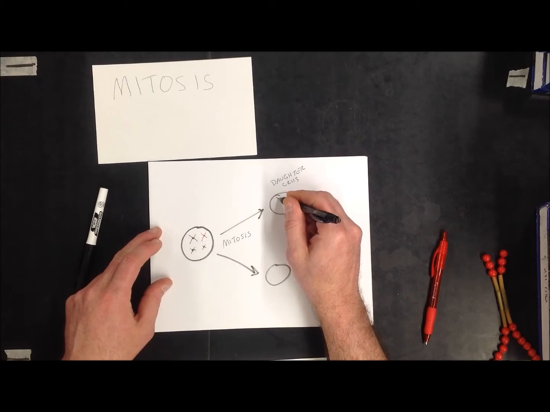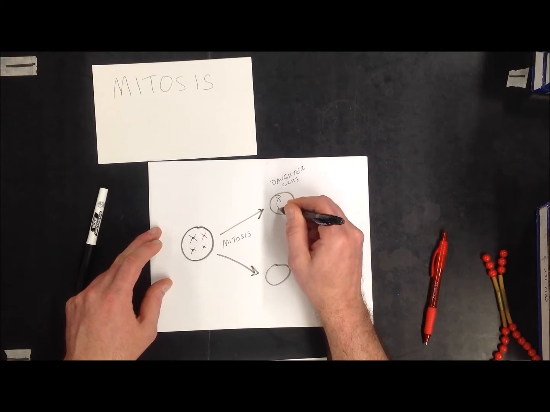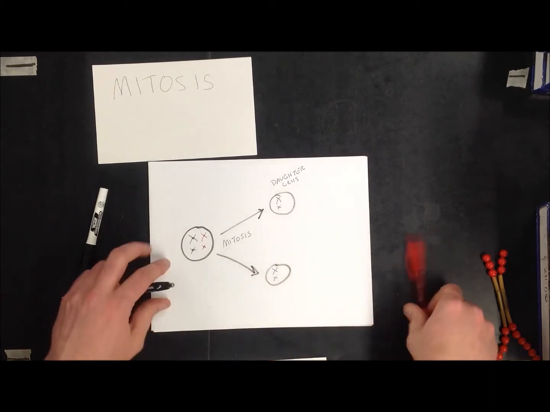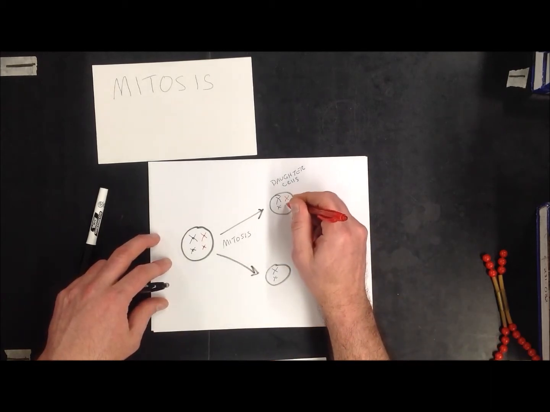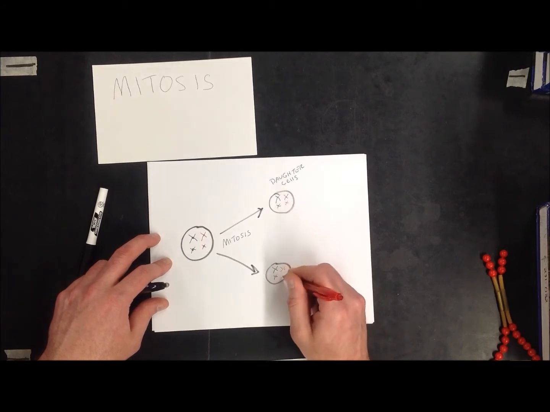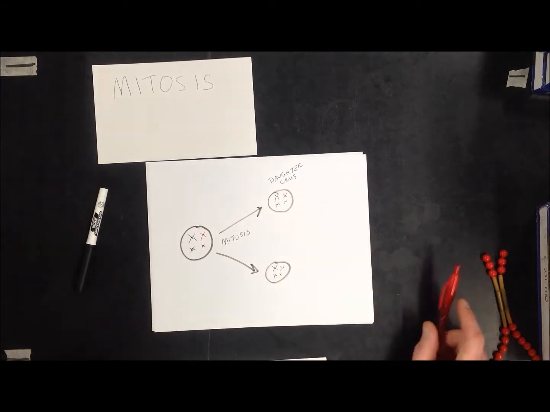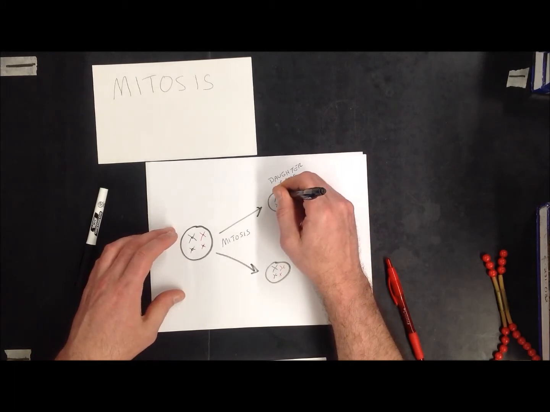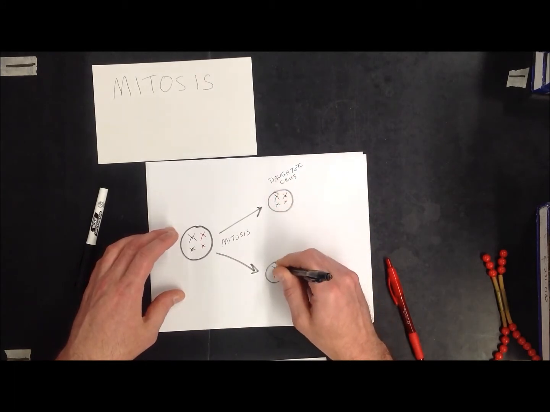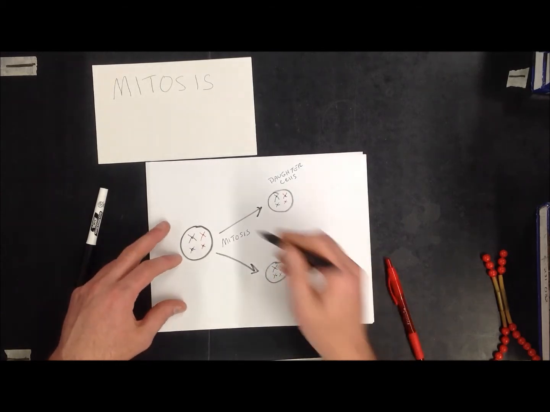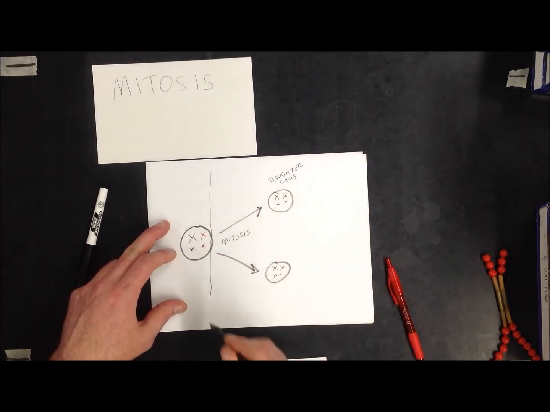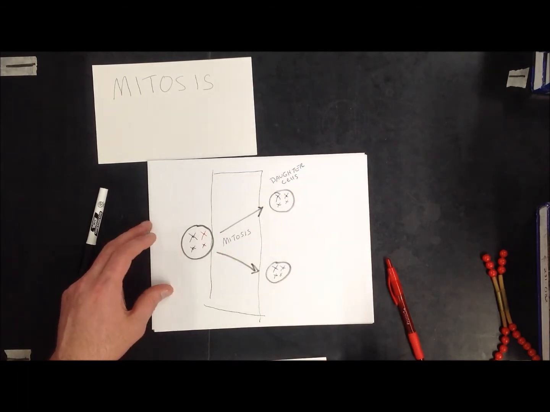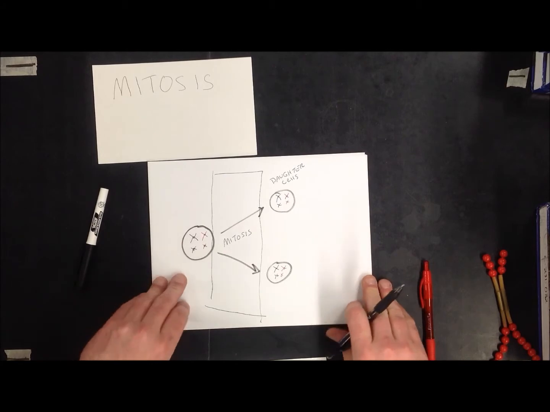So then again, in each of these, we'll have a large chromosome from dad, a small chromosome from dad, and a large chromosome from mom, and a small chromosome from mom. And again, each of these is going to be held together in the center by a centromere. So what we are going to talk about is the process that occurs from here to here. And that's something you're going to be held accountable for.